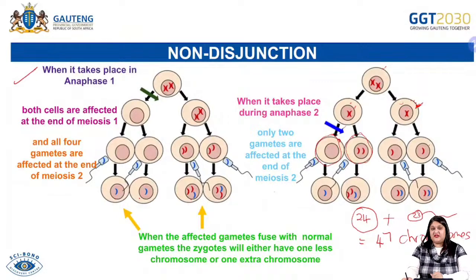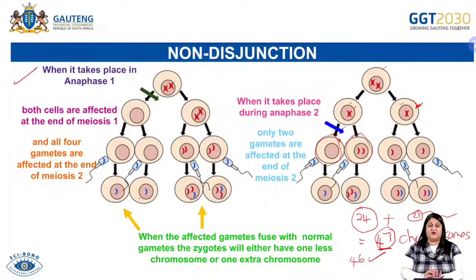There are 2 things that you need to realize. If it's 47 chromosomes, remember that a human is supposed to have 46. That is normal. So if it's having 47, it is causing a disorder. Before we get to the disorders, I first want us to understand that it's not always happening in humans.